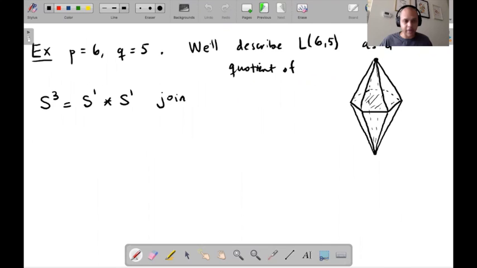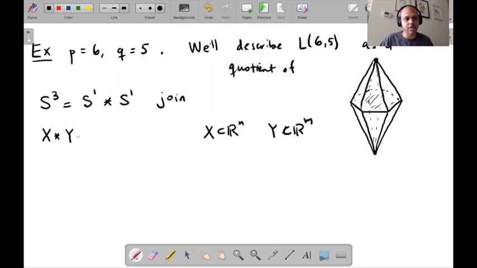Okay, and right, so it's helpful to think of the three-sphere as what's called the join. The join is a general operation that you can perform on two spaces. Suppose we have two spaces, one in Rn and the other in Rm.